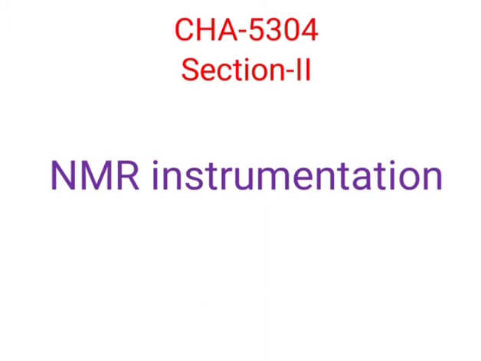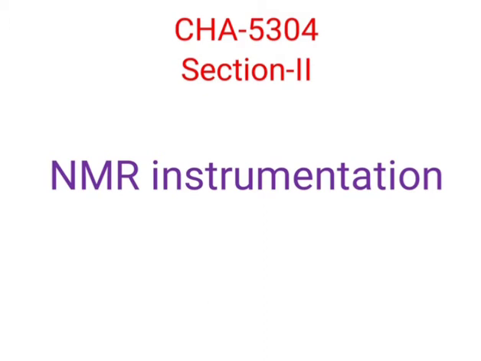So to study the number of hydrogens, the structure of any compound, or the chemical environment of any molecule or any atom, this can be studied by NMR instrumentation. So we are going to learn NMR instrumentation.